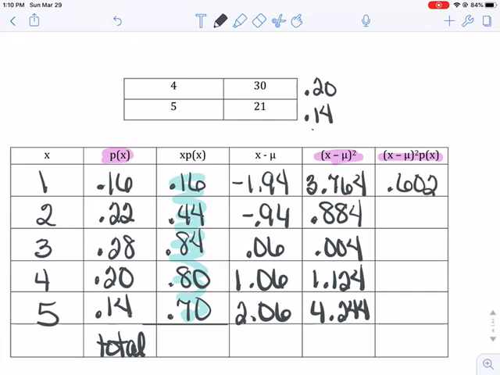So 0.884 times 0.22. And again, as you're working this, please double check my math as well. So high risk of making mistakes with this particular concept.